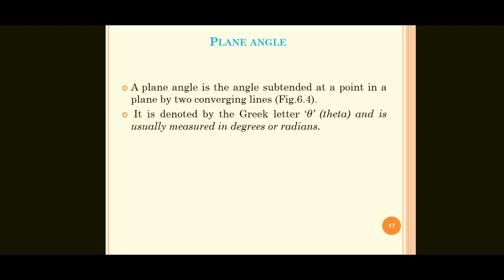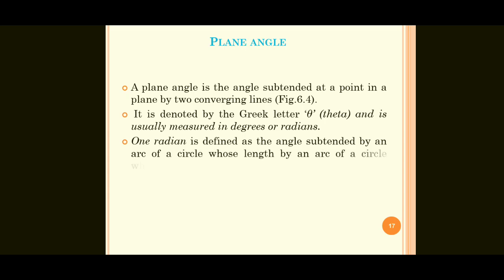Degrees or radians. One radian is defined as the angle subtended by an arc of a circle whose length is equal to the radius of the circle. Here, plane angle means the angle subtended at a point in a plane by two converging lines.